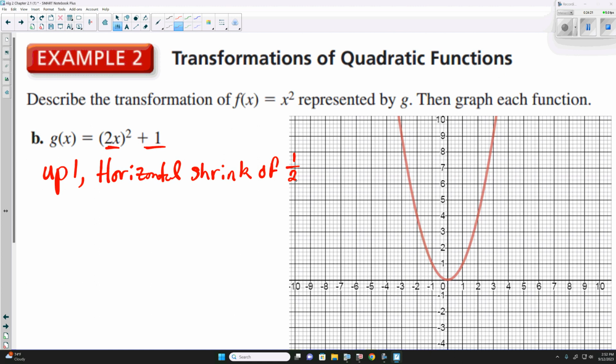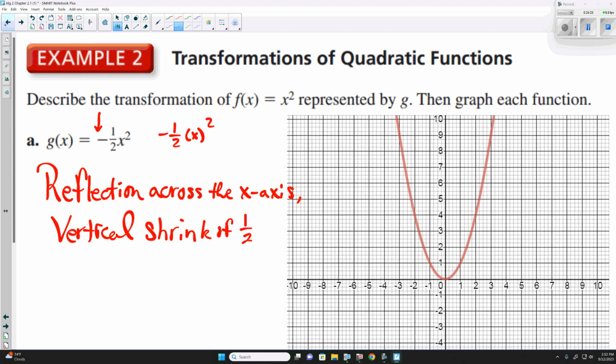Now, I think it'll be helpful to go back to this one here. Vertical stretch and shrink. Vertical is up and down, yes? So if it's a vertical stretch, it means it's going to increase faster along the y-axis. So it's going to look skinnier because it's increasing faster in the y.